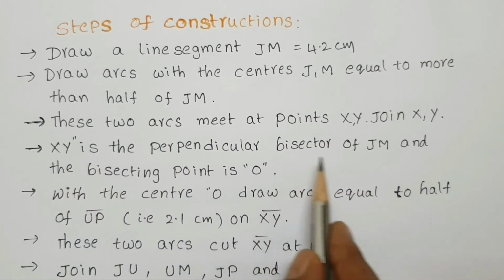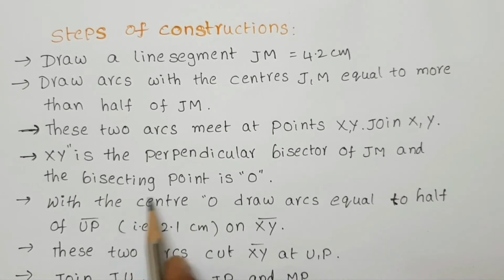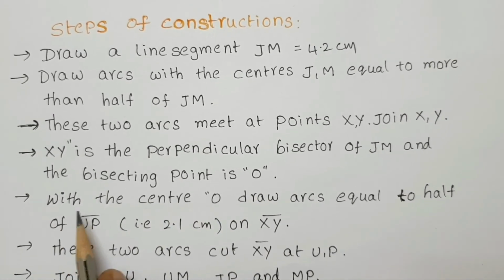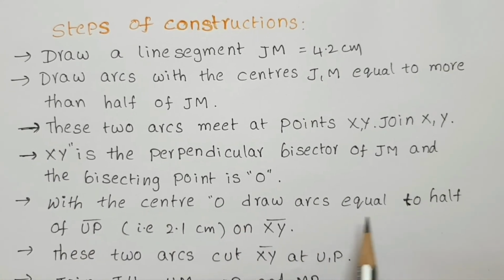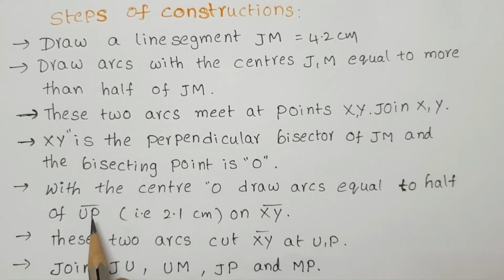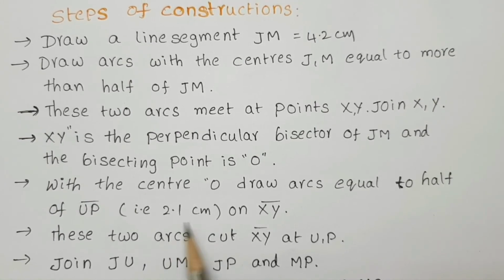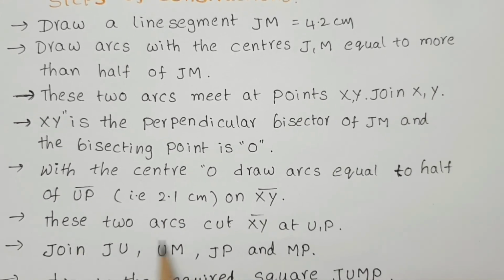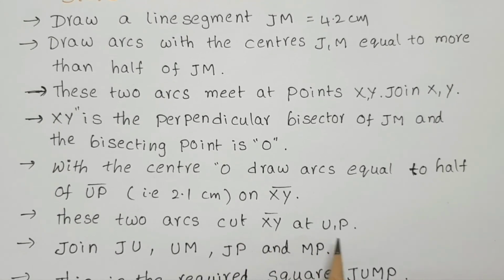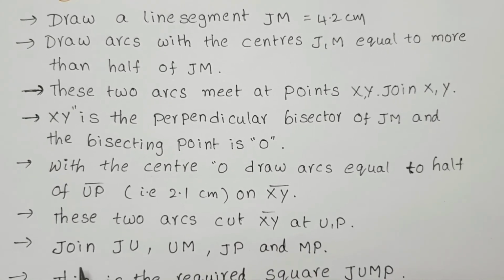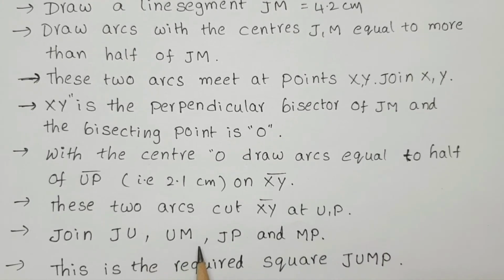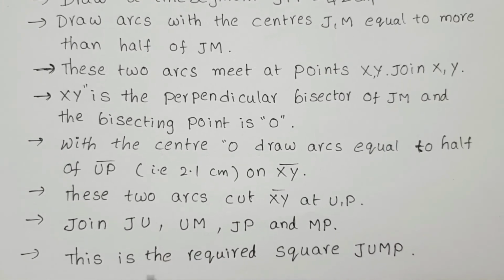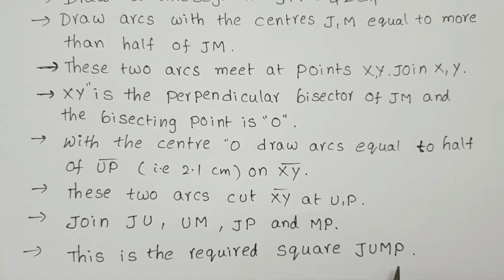XY is the perpendicular bisector of JM, and the bisecting point is O. Next, with center O, draw arcs equal to half of UP, 2.1, on XY. These two arcs cut XY at U and P. Next, join JU, UM, JP and MP. This is the required square JUMP.